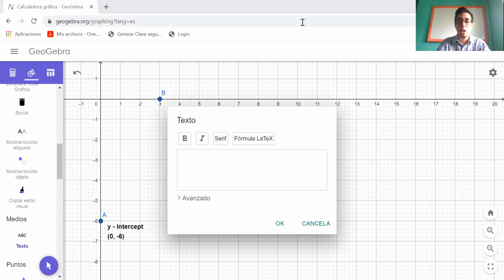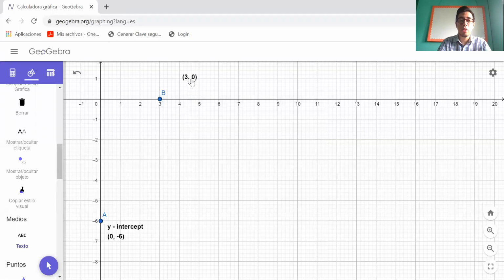Okay. Thank you. The other point we have in here is 0 for y and 3 for x. So 3, 0. This is the point we have in here. Guys, but you can see something. This is the y-intercept, x is 0.